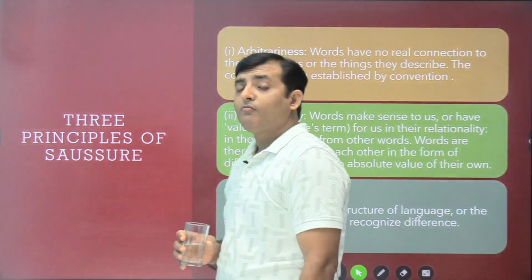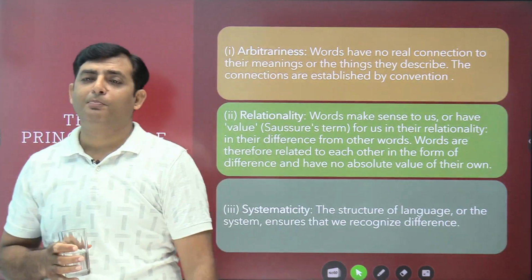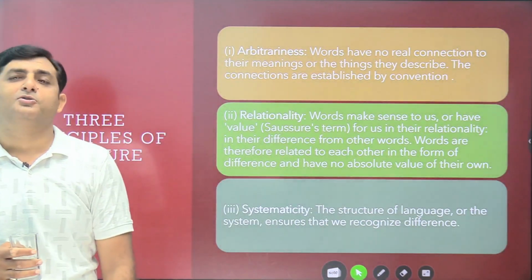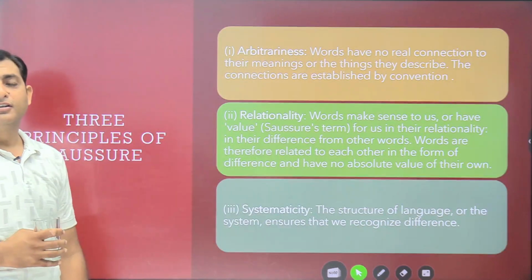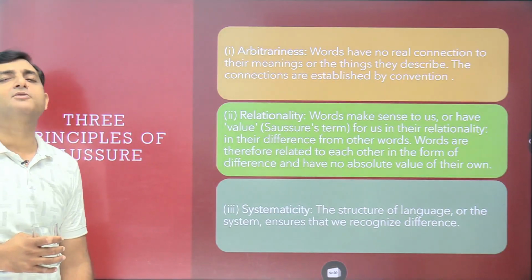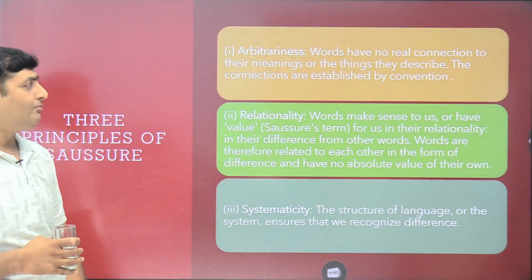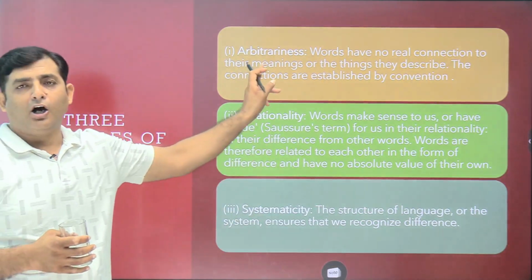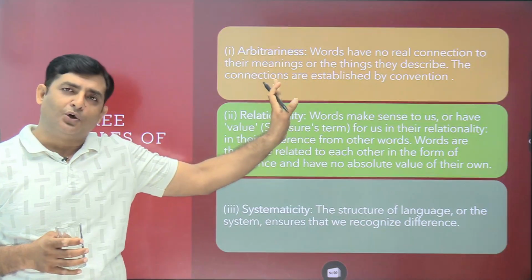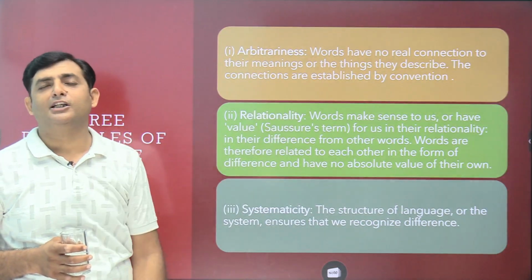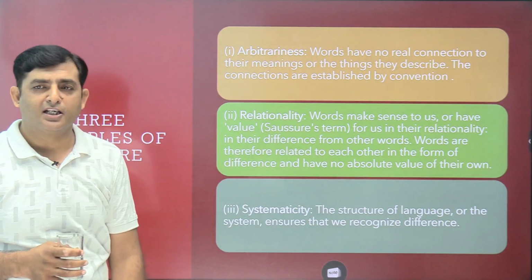Thus, Ferdinand de Saussure propounded three concepts about structuralism, three concepts about linguistics. Number one, arbitrariness. I hope you have understood the meaning of arbitrariness.